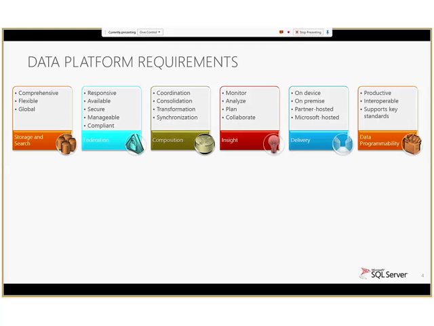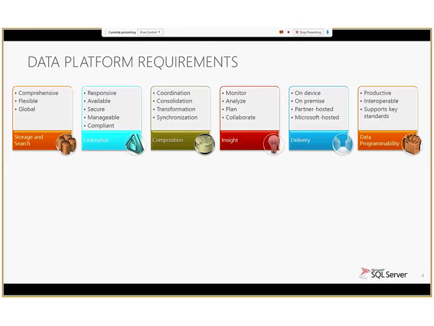Now, Microsoft sees some key areas where they want to provide parts of SQL Server. Storage and search. So comprehensive search, and you'll see that as we've got new types of search, the new statistical semantic search. And we'll be very flexible there.